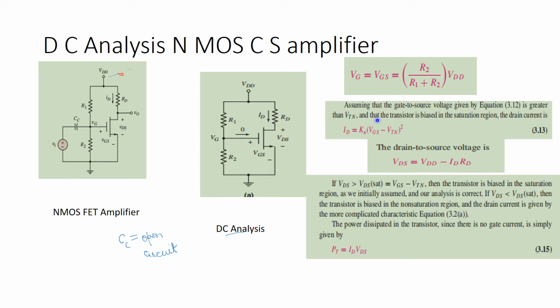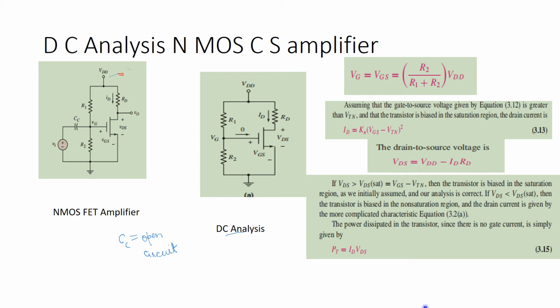VGS is the gate to source voltage and VTN is the pinch off voltage or the threshold voltage, when no gate to source voltage is applied, or we can say at the initial condition. The drain to source voltage under that condition is VDS is equal to VDD minus IDRD. So it is given over here.